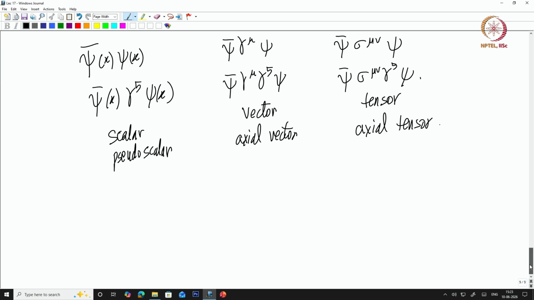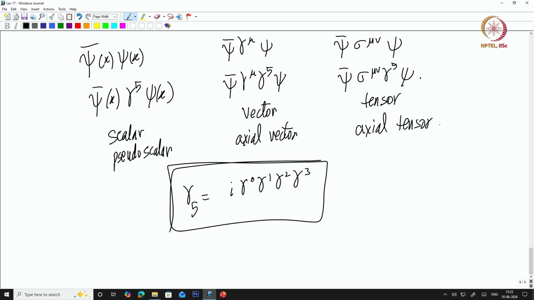Okay, the gamma phi is defined as i gamma 0, gamma 1, gamma 2, gamma 3. So this is a generator of parity, and it's also something called chirality. Okay, the gamma phi essentially sets the parity of the current or the bilinear covariant. So if it is axial, that means the parity is so it is a pseudoscalar, so it's not invariant under parity, and the vector current picks up a minus sign essentially.